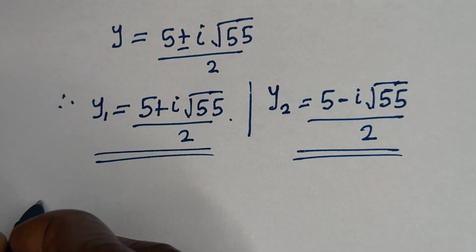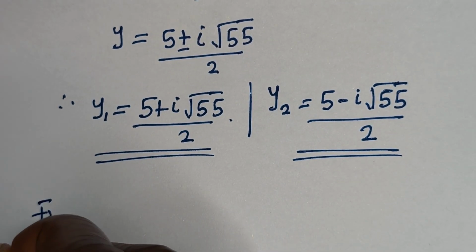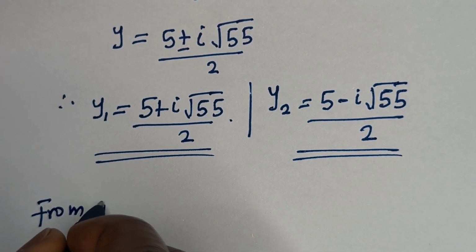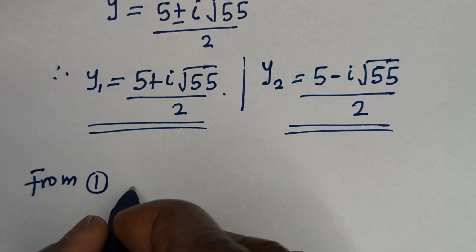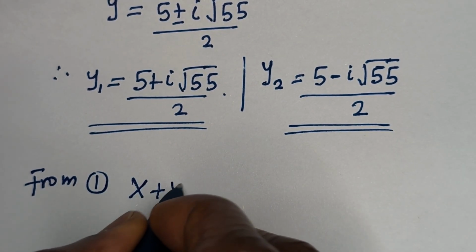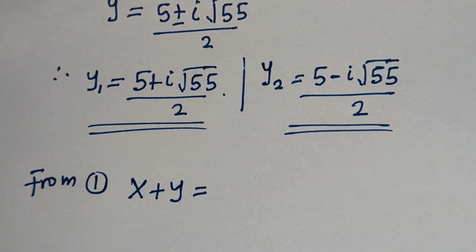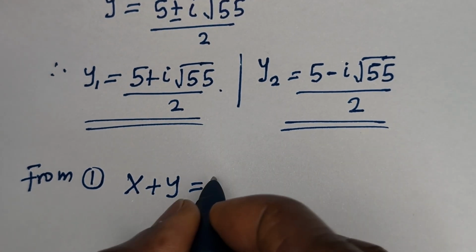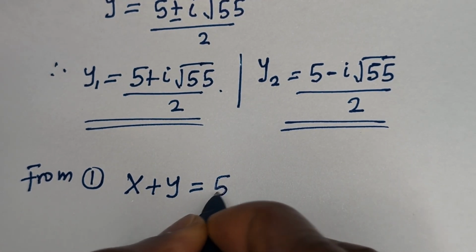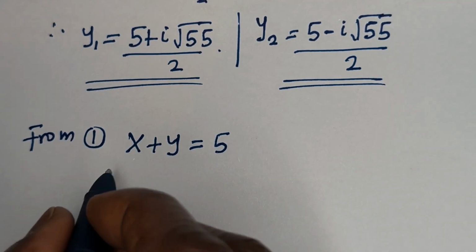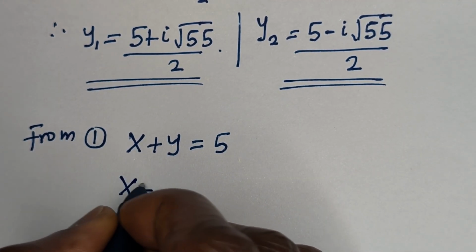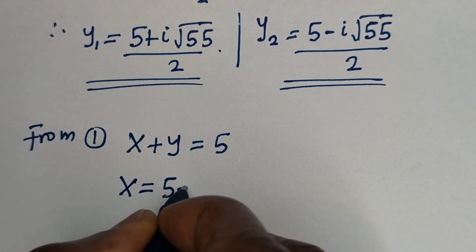To solve for x, from equation 1, x plus y is equal to 5. Then x is equal to 5 minus y.